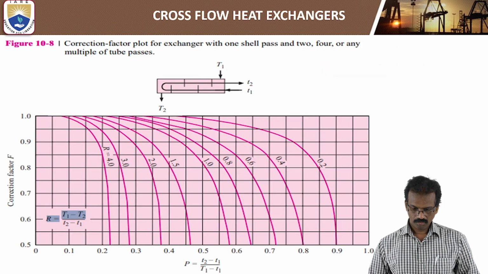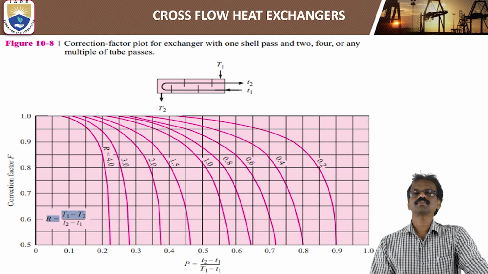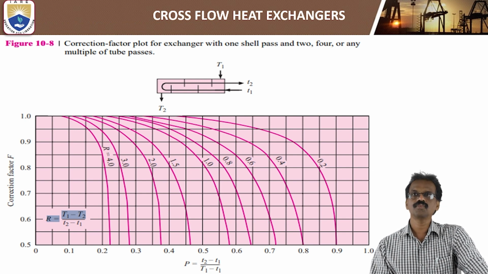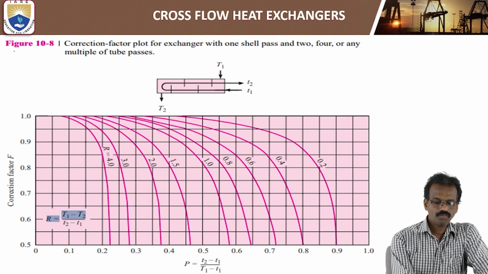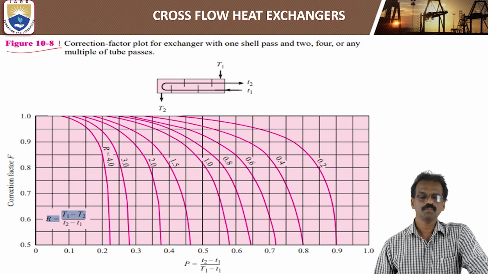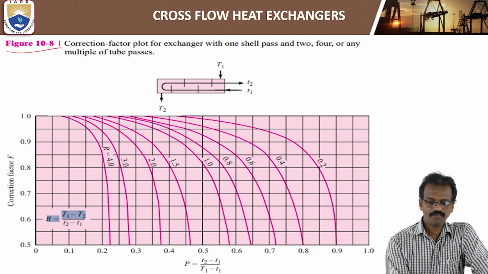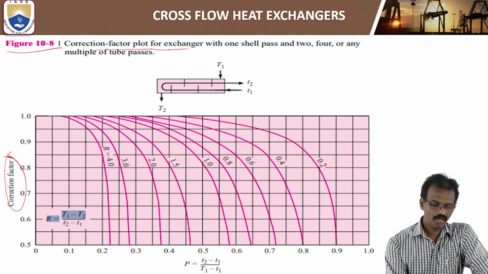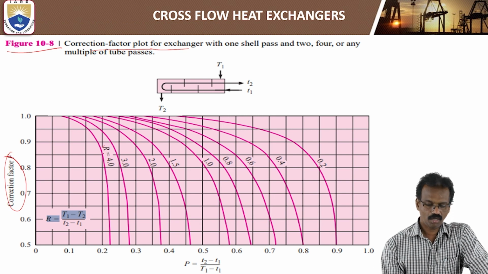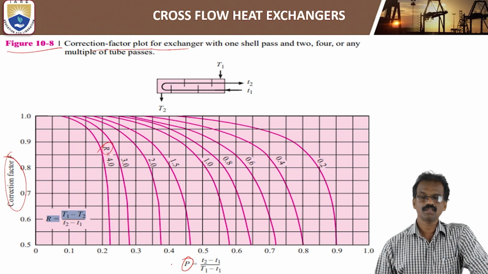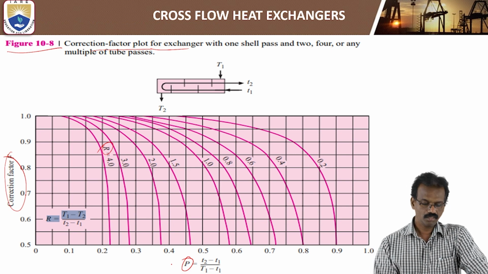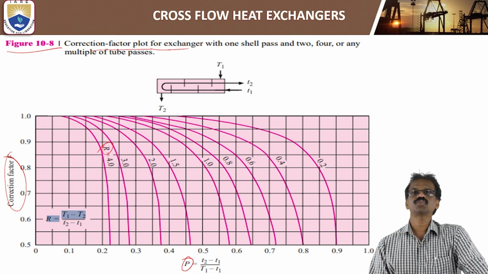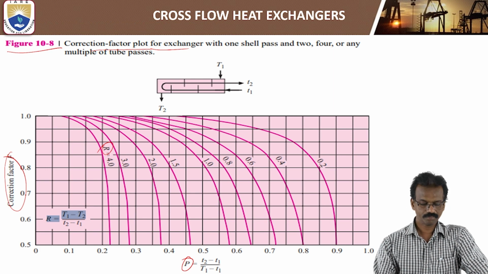Now we'll see some types of shell and tube arrangements. Figure 10.8 shows the correction factor plots. These are the correction factor values, plotted against the constants R and P. There are formulas to find the R and P values.